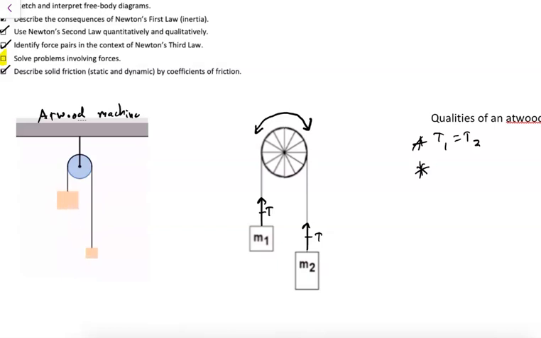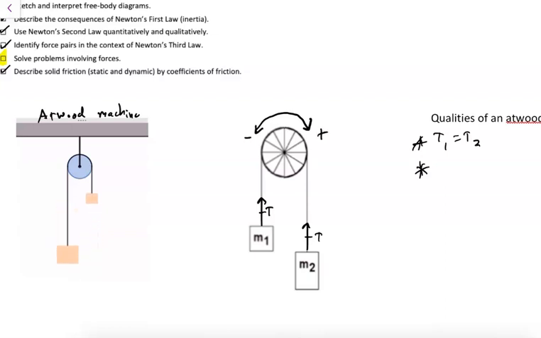I often choose the heavier mass to have the positive side and the smaller mass to have the negative side, because I know that the heavier mass is going to pull the smaller mass, so I want the acceleration to be positive. So I'm going to say this is positive and this is negative.